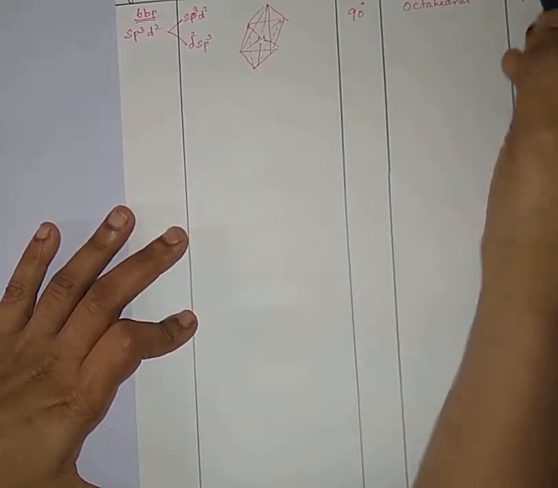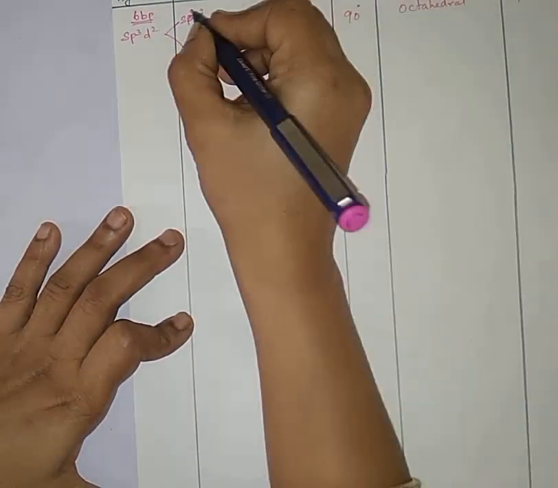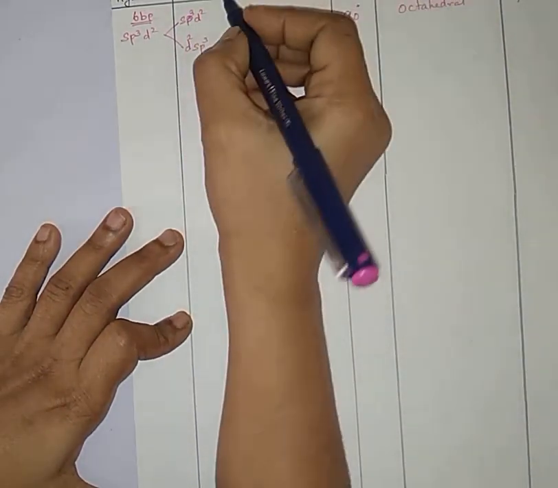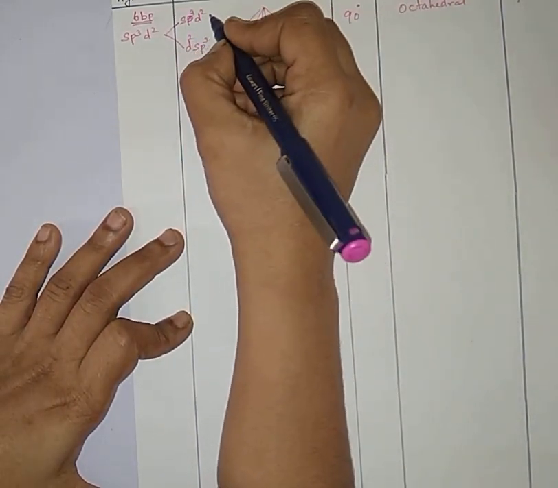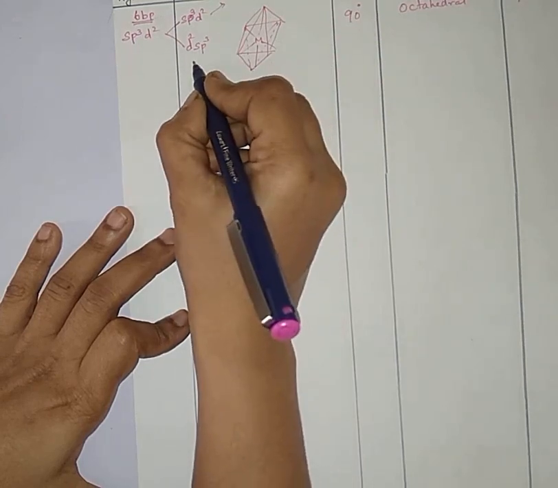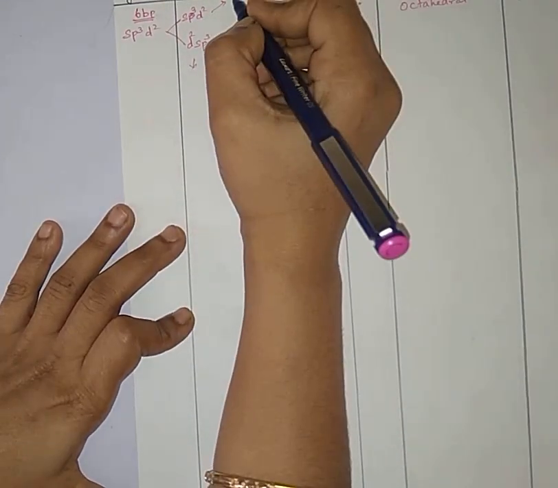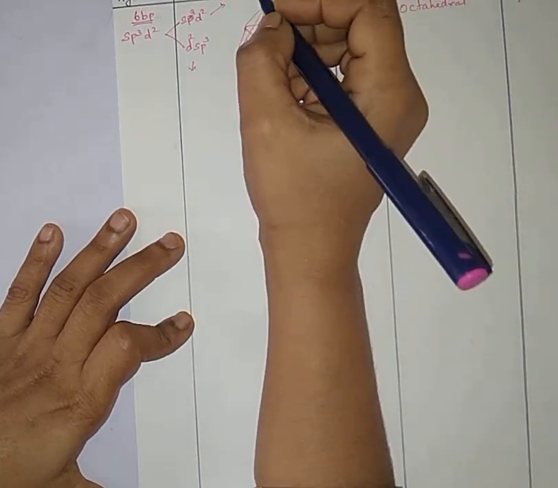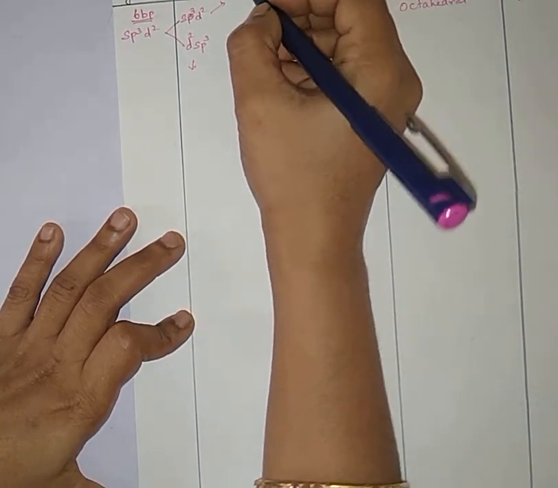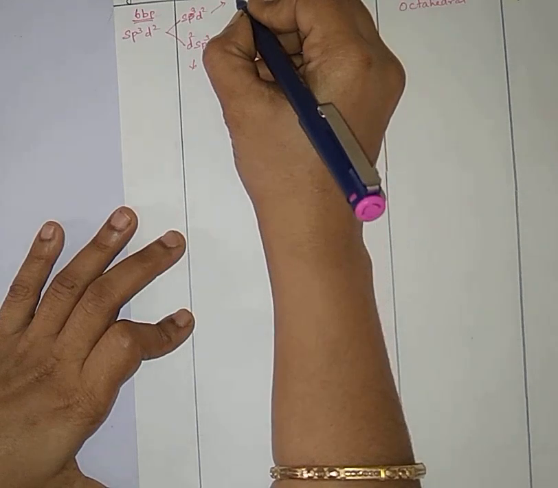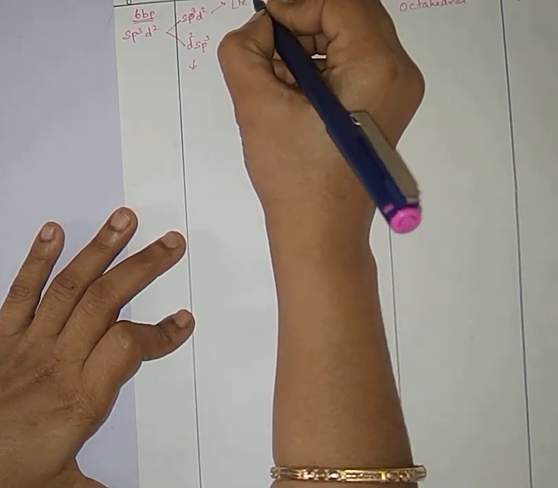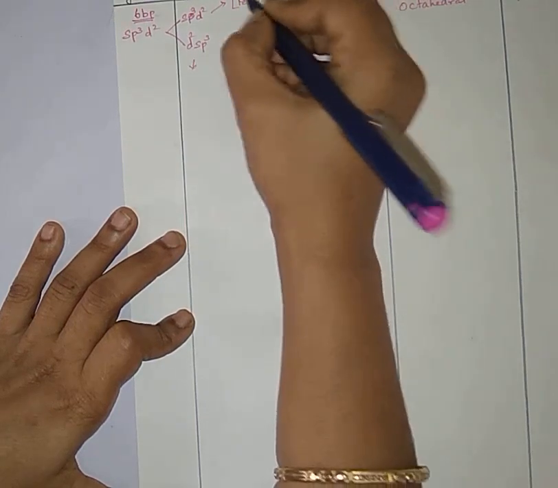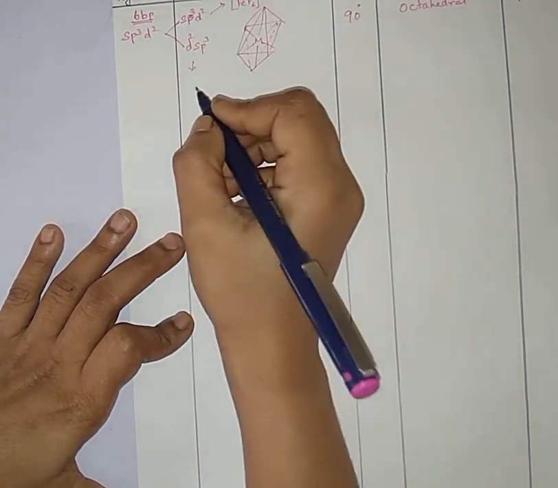So I'll give you the example alone for these two. For this one, I'll write it over here. For this, what is an example, and for this, what is an example? For sp3d2, it should be a weak ligand, because it's an outer orbital. All the fluorine, chlorine, bromine are weak ligands.